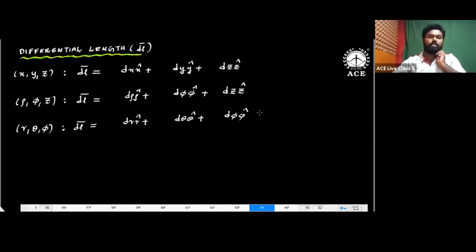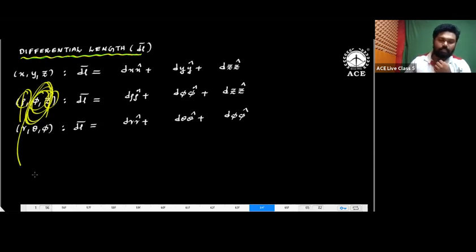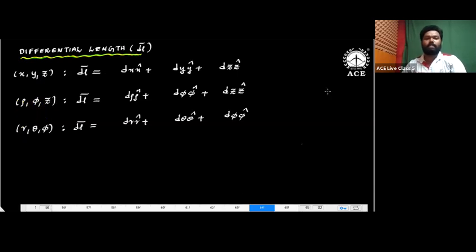Here you cannot use this logic because this is distance, this is distance, this is distance. But here this is distance, but this is an angle. So I cannot add distance plus angle. So what should I do here? Then I should incorporate the distance contributed by that angle. The angle will contribute a certain distance. That distance is called arc length.